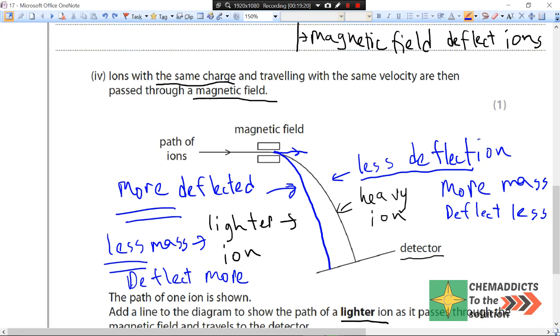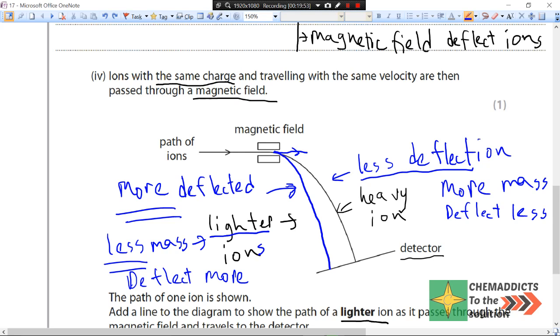Since the lighter ion has less mass but the same charge, it will deflect more in the magnetic field. Once again, lighter ion has less mass, more deflection, same charge.